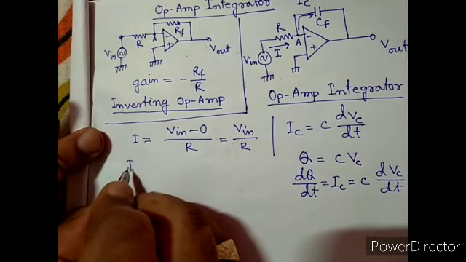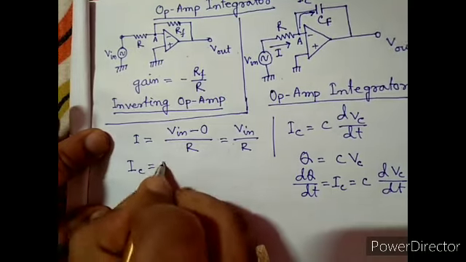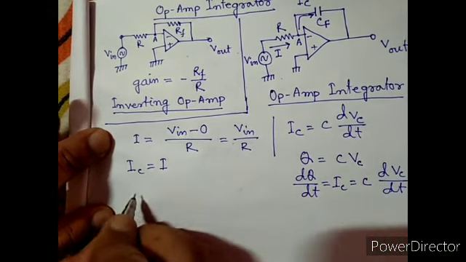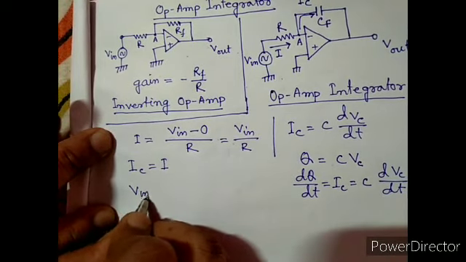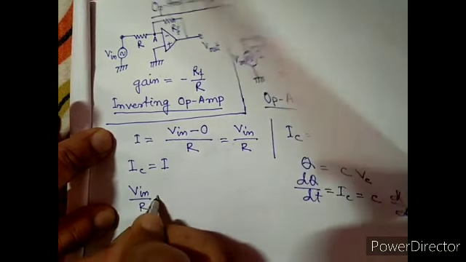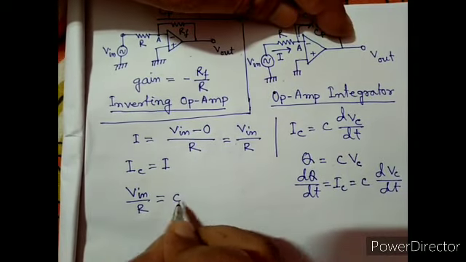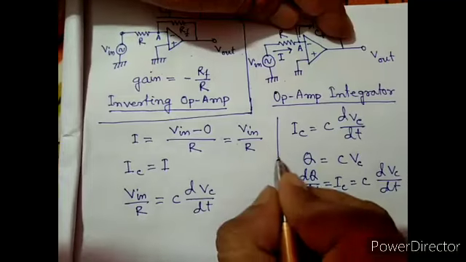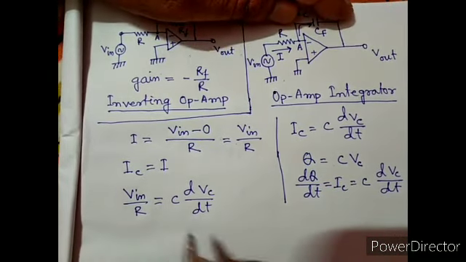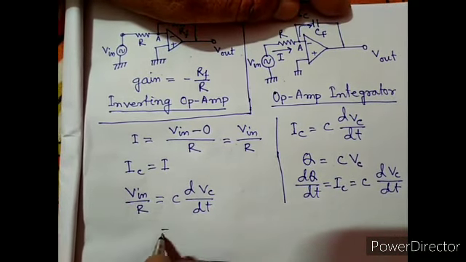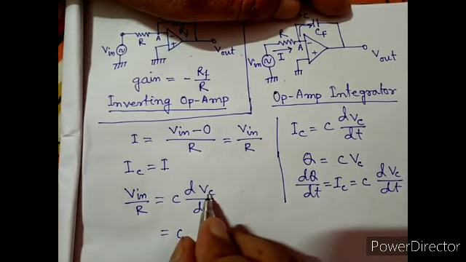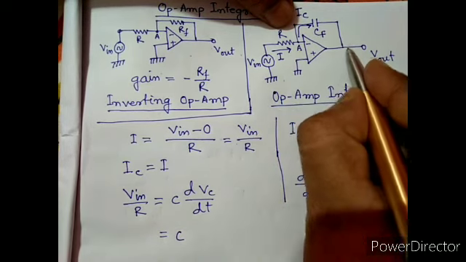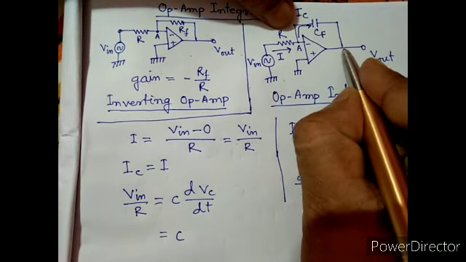Now, IC equals I. So we can write Vin by R equals C dVc by dt. Vc is the potential difference between this terminal and the output terminal.